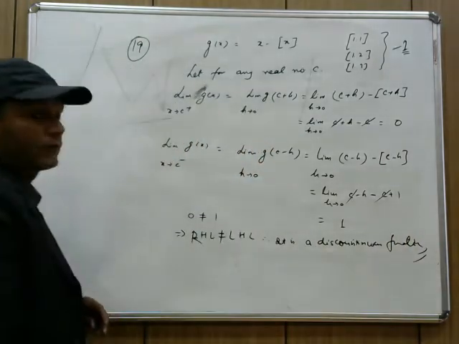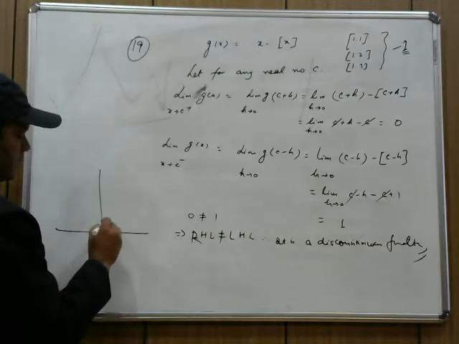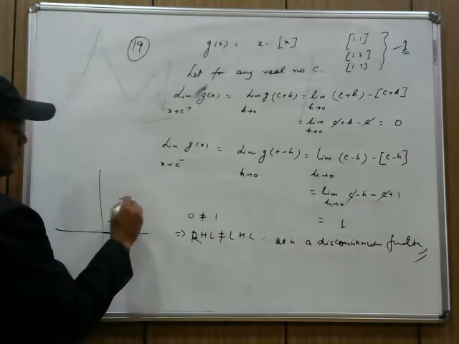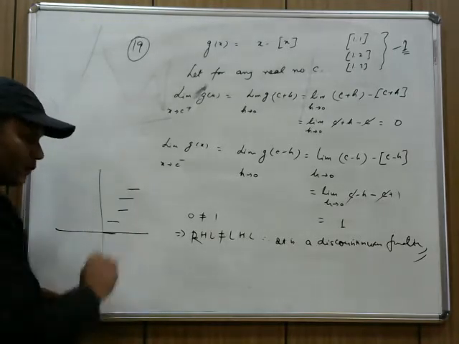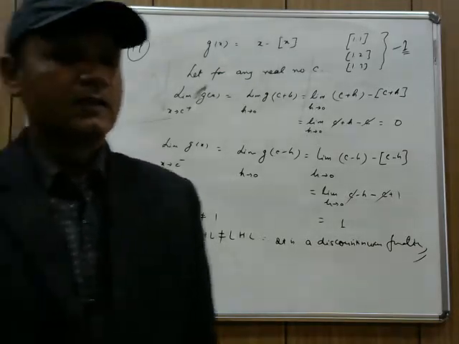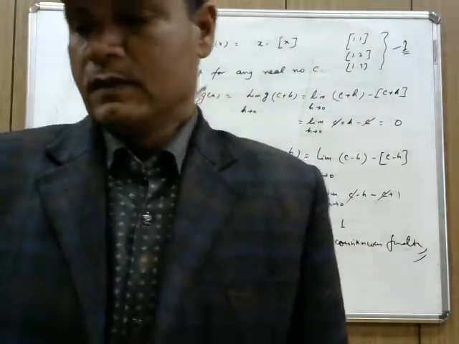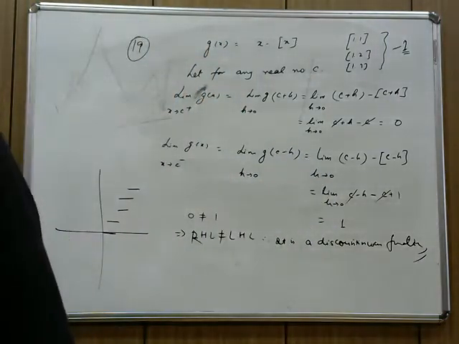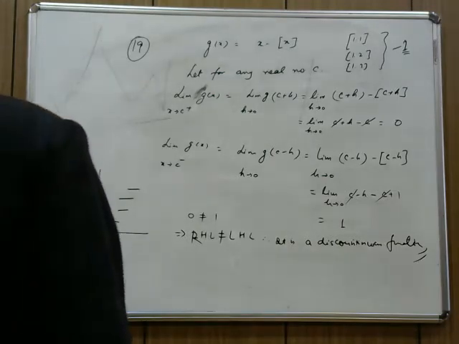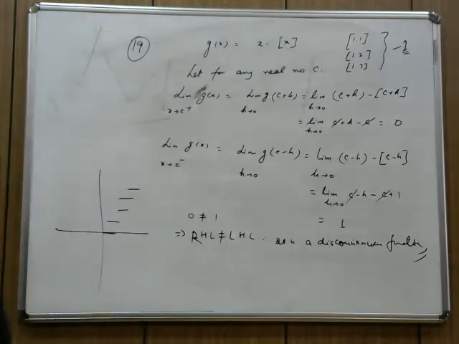If you see the graph of the greatest integer function, do you remember the graph of the greatest integer function? This. We cannot draw the graph of the greatest integer function without lifting up the pen. That's why it is not a continuous function. This is a discontinuous function, right? That means LHL is 1 and RHL is 0.